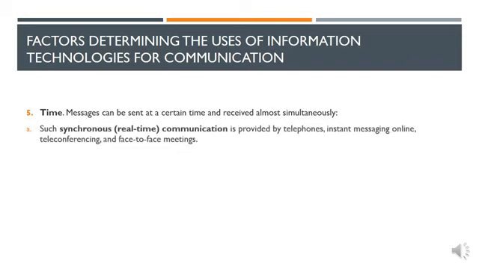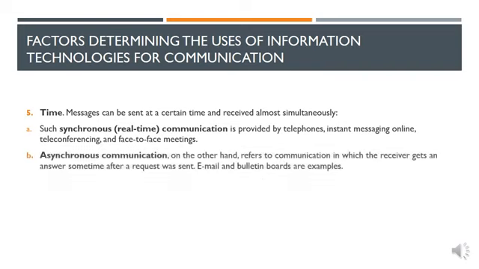Letter A, such synchronous or real-time communication is provided by telephones, instant messaging online, teleconferencing, and face-to-face meetings. Letter B, asynchronous communication, on the other hand, refers to communication in which the receiver gets an answer sometime after a request was sent. Email and bulletin boards are examples.